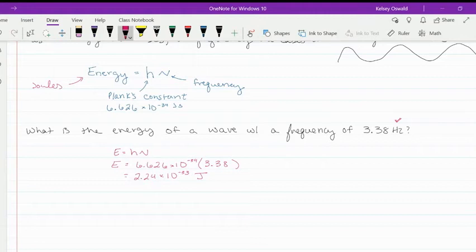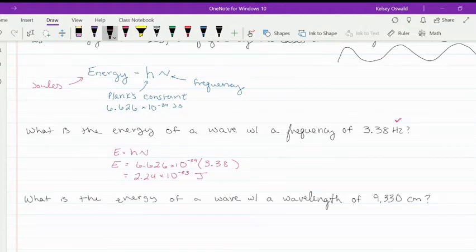What if, however, we had an example where we didn't know our frequency, but we knew our wavelength? Is 9,330 centimeters. So if we look at our equation, energy is equal to h times frequency. We are not given frequency here. We're given wavelength. So we need to think, what other equation do we know with wavelength? And that is going to be that our speed of light is equal to wavelength times frequency. Okay.